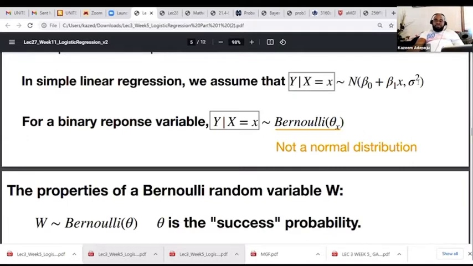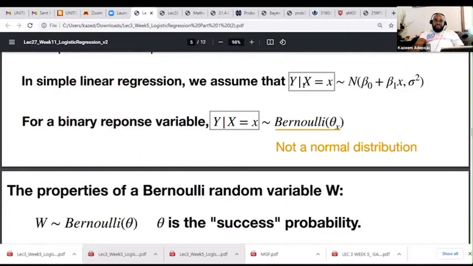We made this assumption because the nature of the response is continuous, and don't forget that the normal distribution is a probability distribution for a continuous random variable.